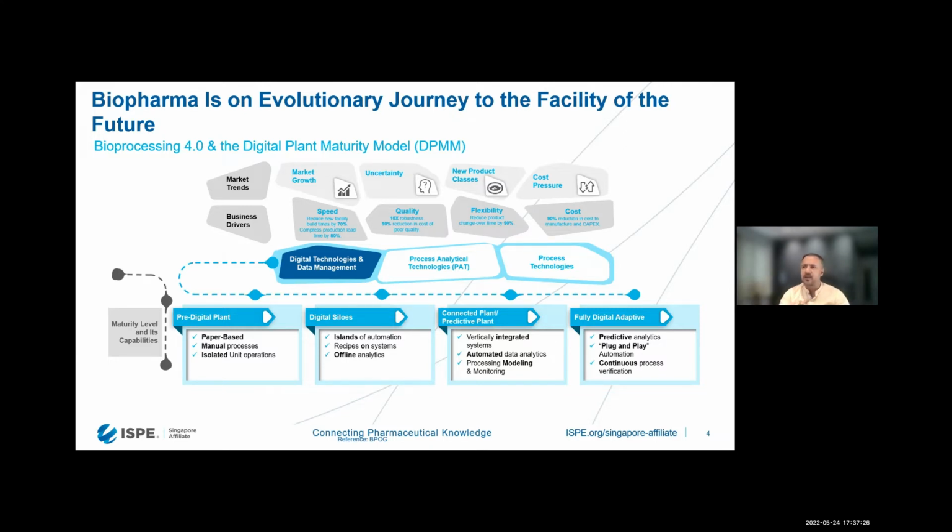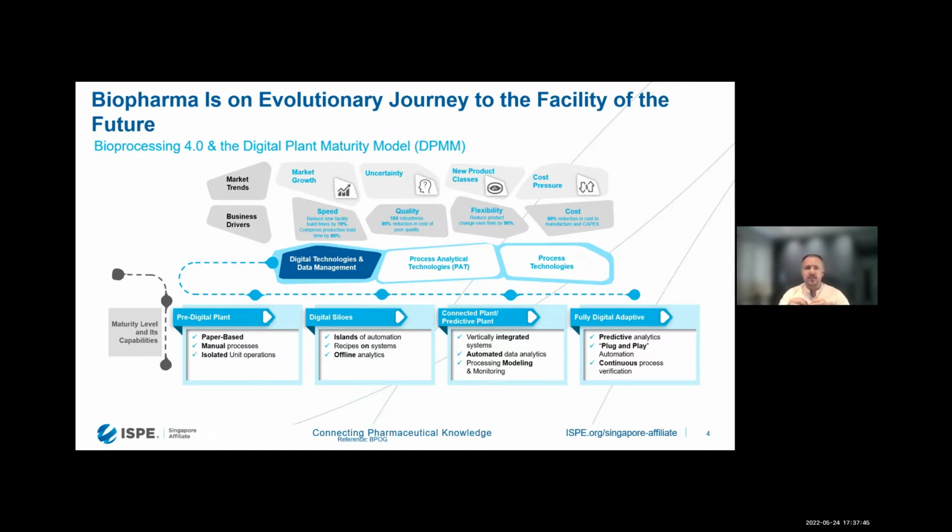The third and the fourth are the connected plant and the predictive plant, where the manufacturing systems are vertically integrated, with some automated data analytics and some process modeling around the data that is generated.